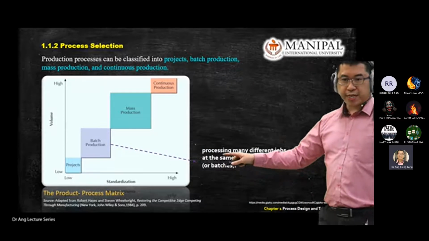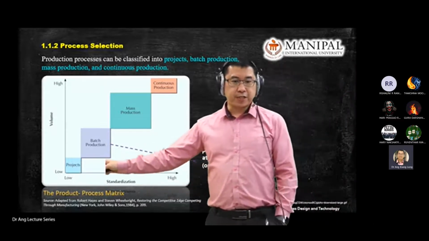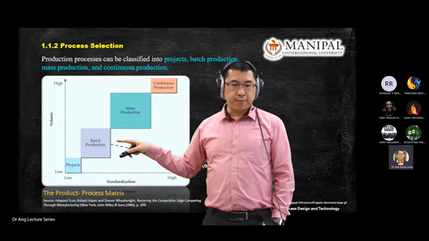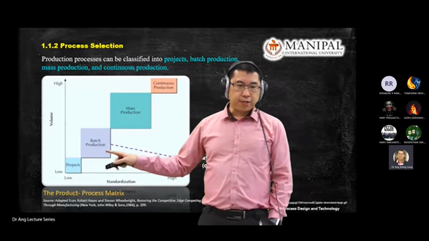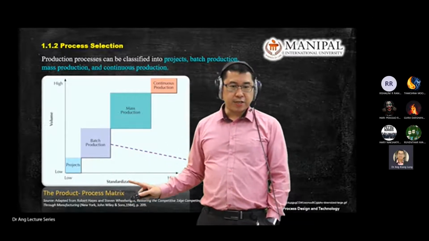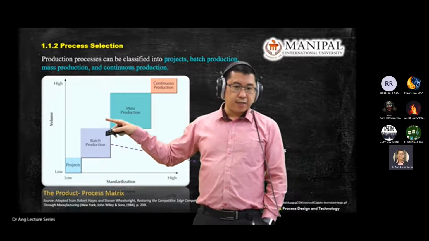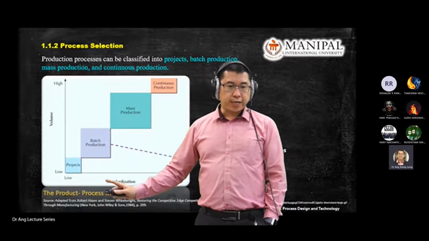We move to the second production process, which we call batch production. As you can see from the matrix here, batch production has higher standardization and higher volume compared to projects.